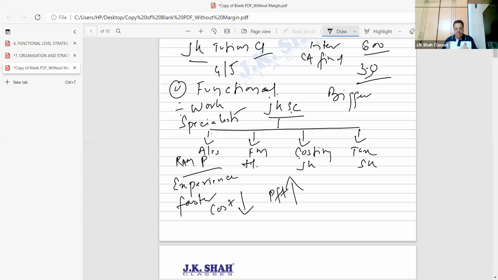Can anyone tell me, beta, when this form of business organization structure we have, advantages are there: division of work, specialization, experience, work becomes faster, cost falls, all those advantages. Can you see any disadvantage over here, beta? Come on, fast.